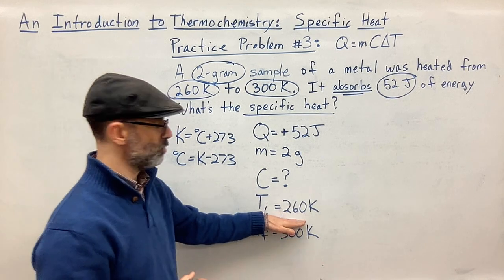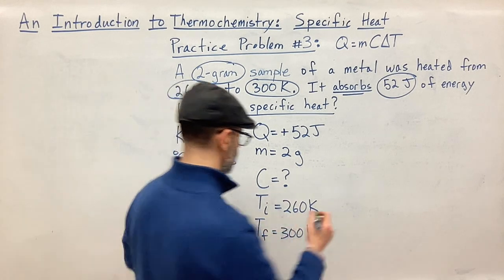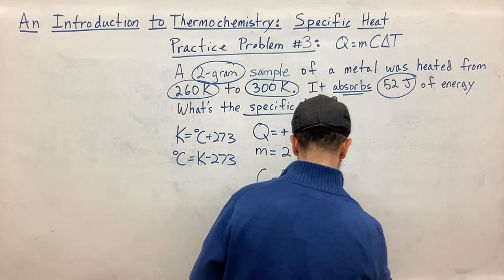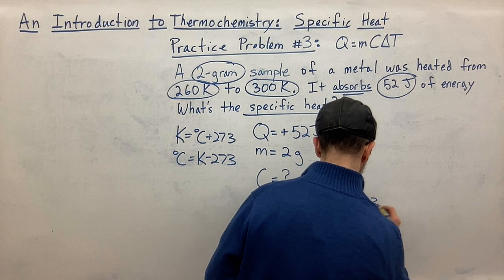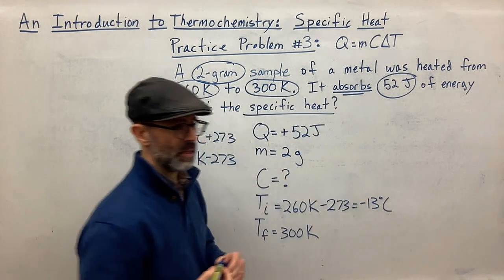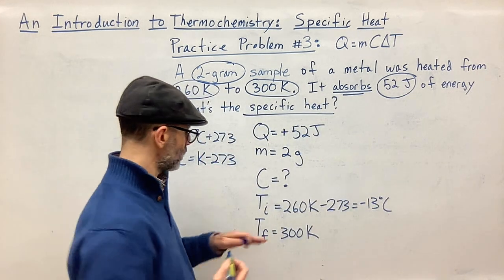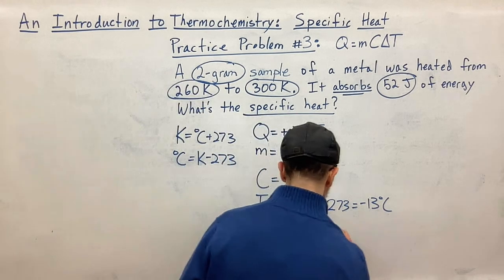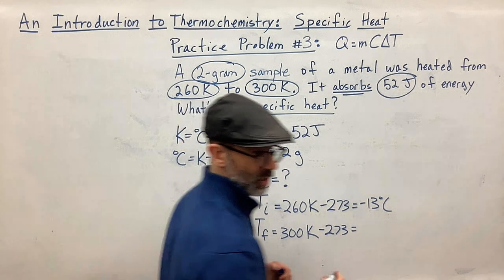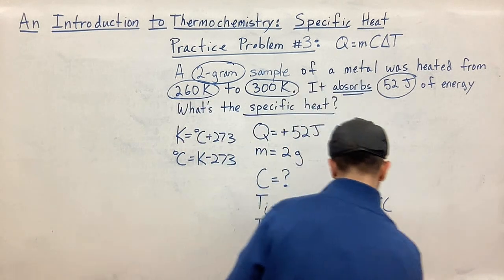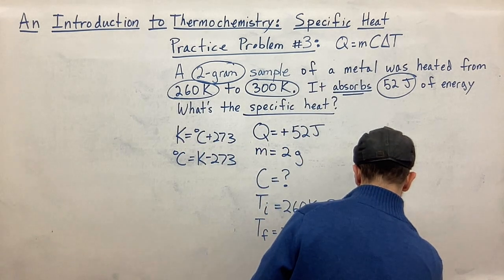When we subtract 273 from this one, that's going to give us negative 13 degrees Celsius. And then we subtract 273 from this one, and we get 27 degrees Celsius.